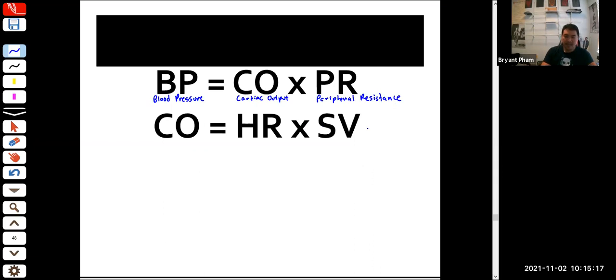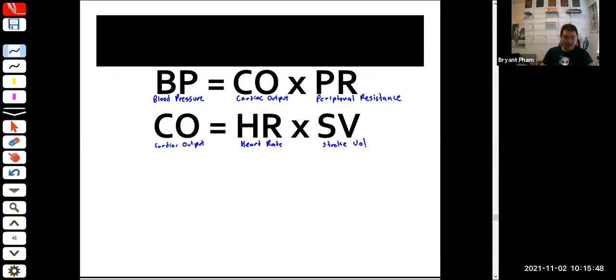You can also see it as TPR, total peripheral resistance. I usually stick with PR. Okay. Cardiac output, we already know. HR, heart rate. SV is stroke volume. Okay.